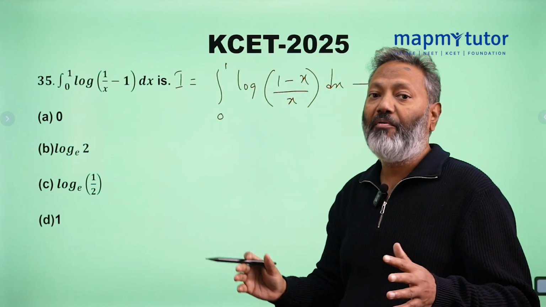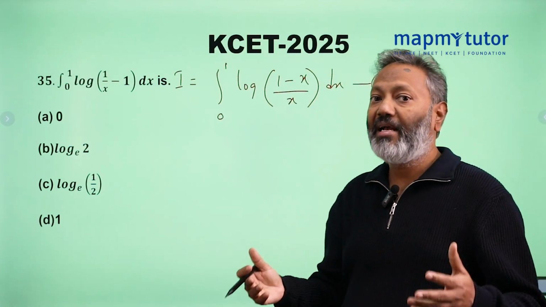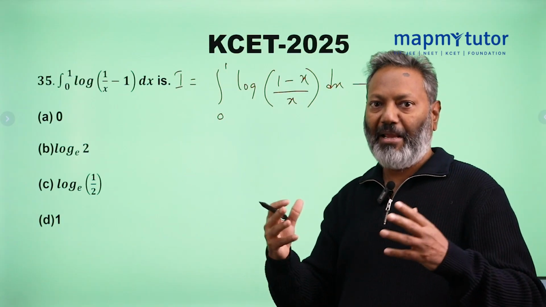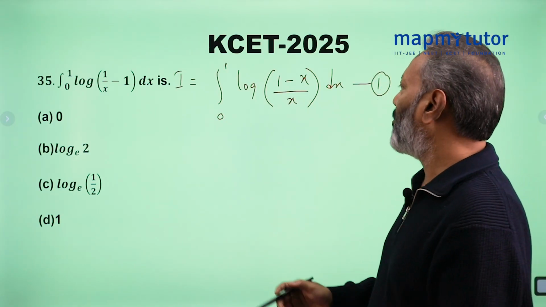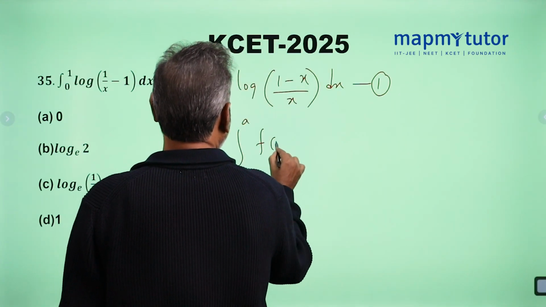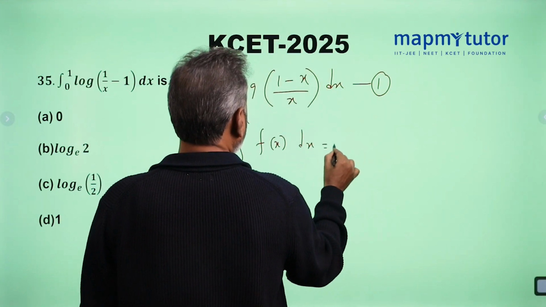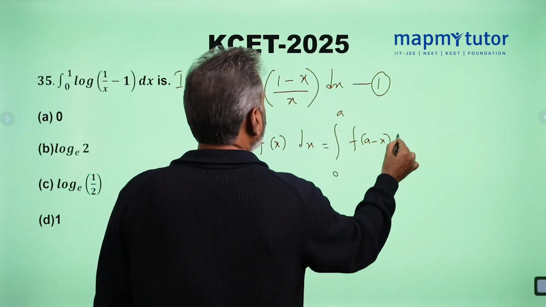And all of you know a very important formula or property in definite integration named King's property. By the name itself you can realize that it is very, very crucial. So what is King's property? I'll write here: integral 0 to a f of x dx equals integral 0 to a f of a minus x dx.